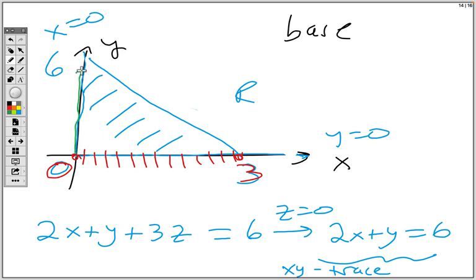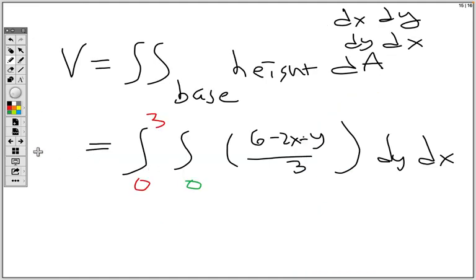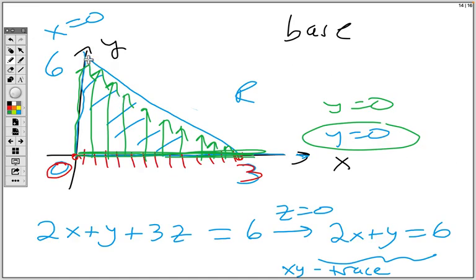So as I go through the interval 0 to 3, I'm looking at the y's here. And we've got the same function down here the whole time. That's our y equals 0. So that's the bottom function the whole time. And then I need to go to the top function.